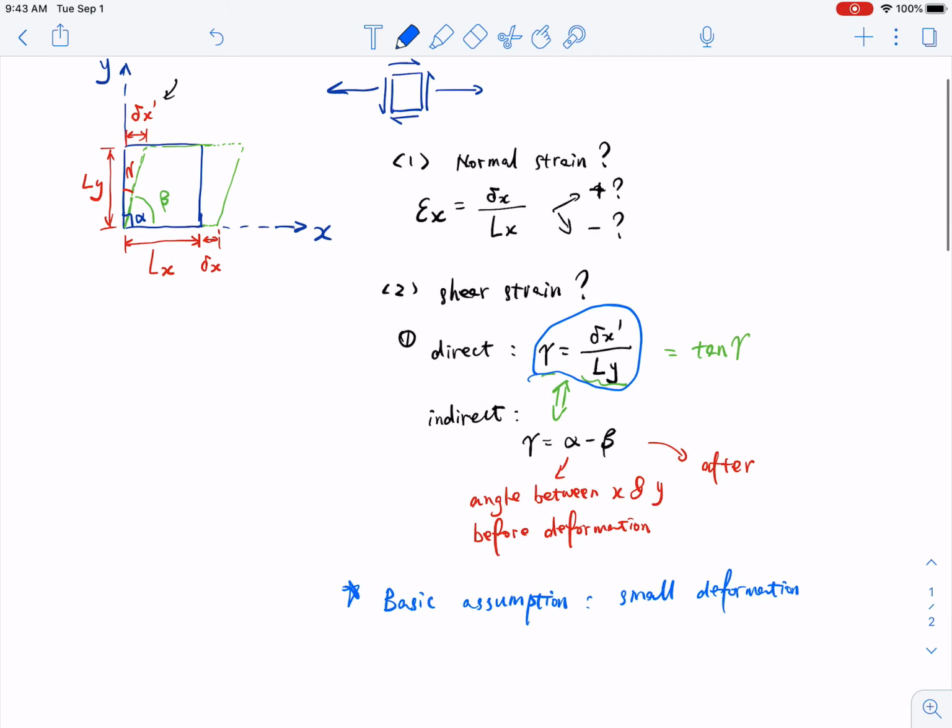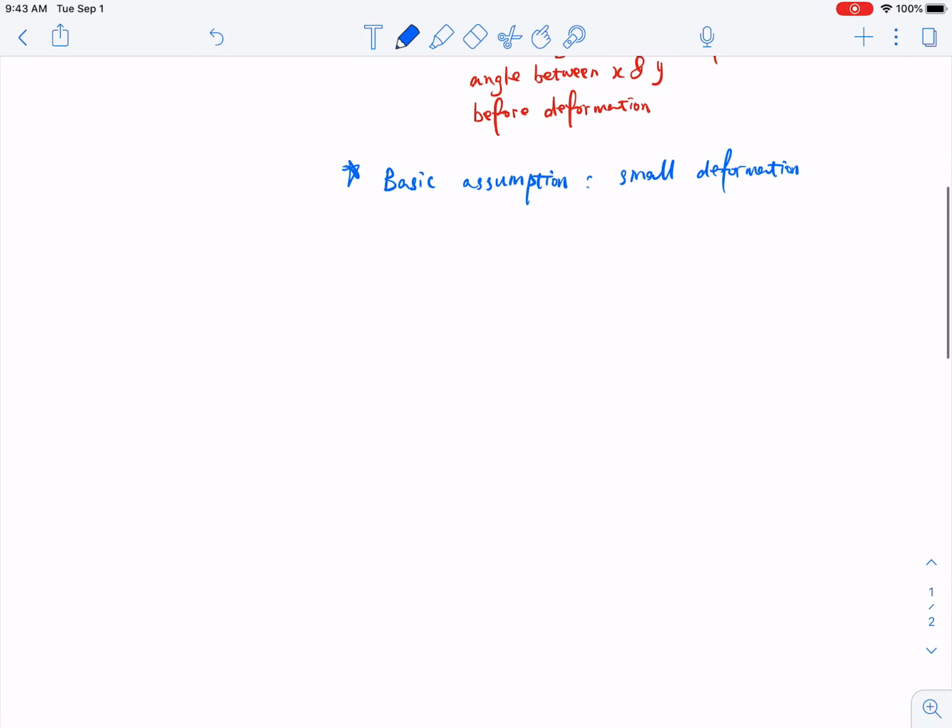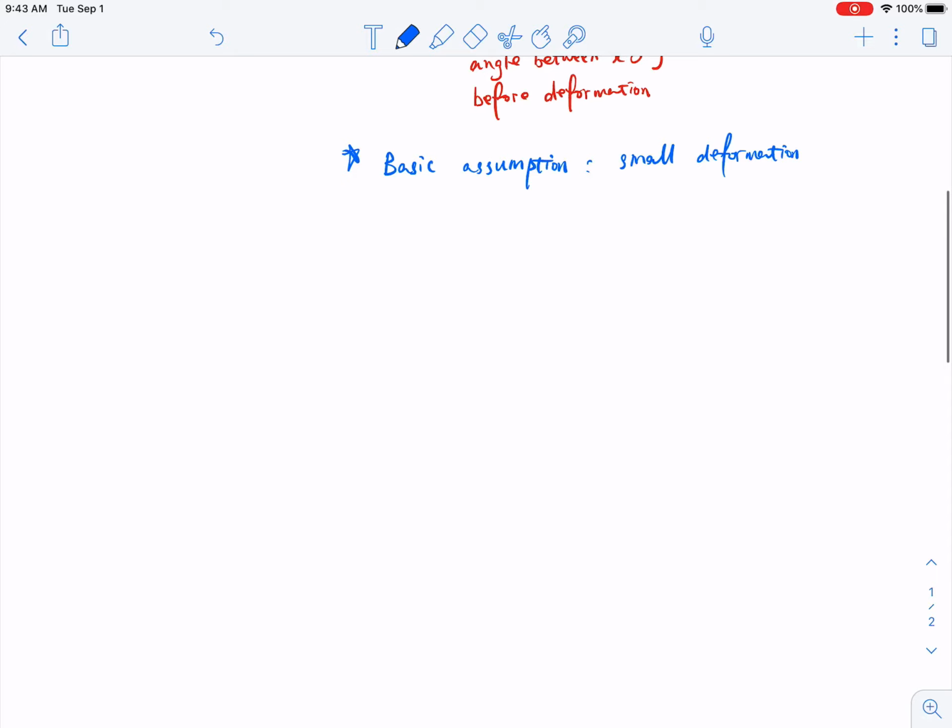In this example, you have only one gamma, which is alpha minus beta. You get the change in the angle. And in some other cases, you may have two angles, with deformation in both directions.